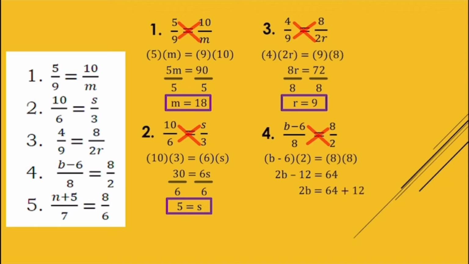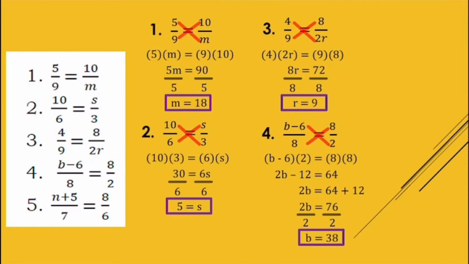So it will become 2b is equal to 64 plus 12. So bring down 2b, and 64 plus 12 is equal to 76. Let's apply the division property of equality by dividing both sides by 2. 2b divided by 2 is equal to 1b or b, and 76 divided by 2 is equal to 38. So the answer for number 4 is 38.